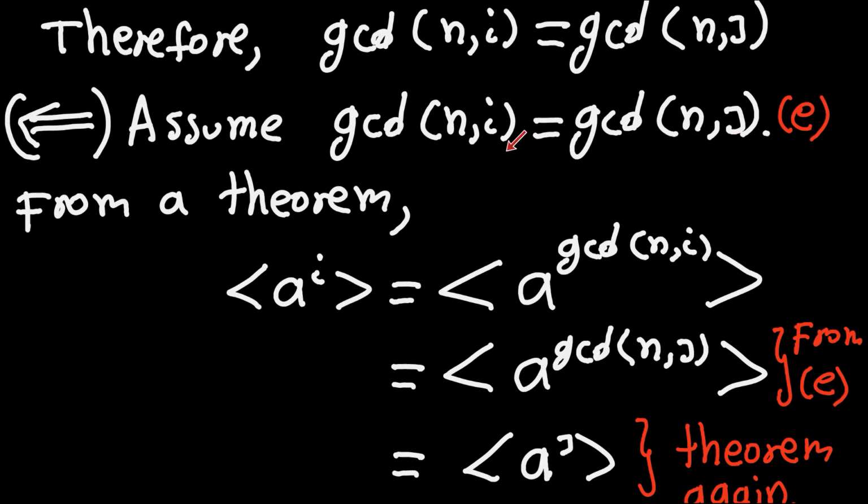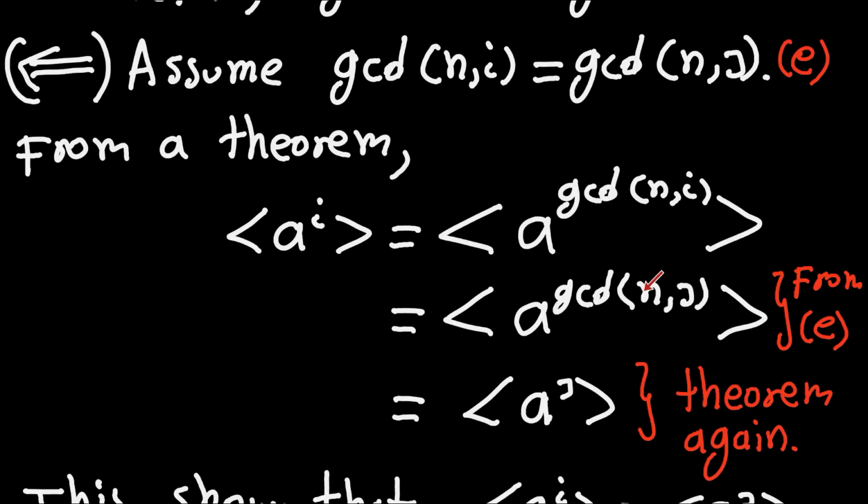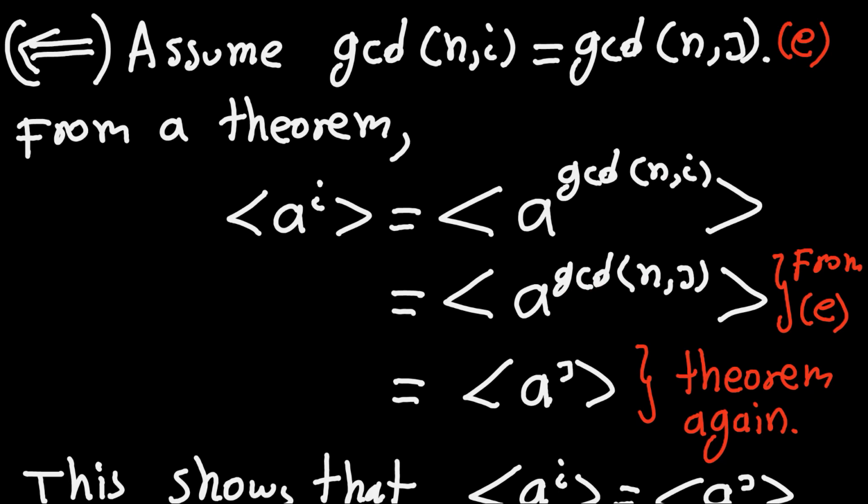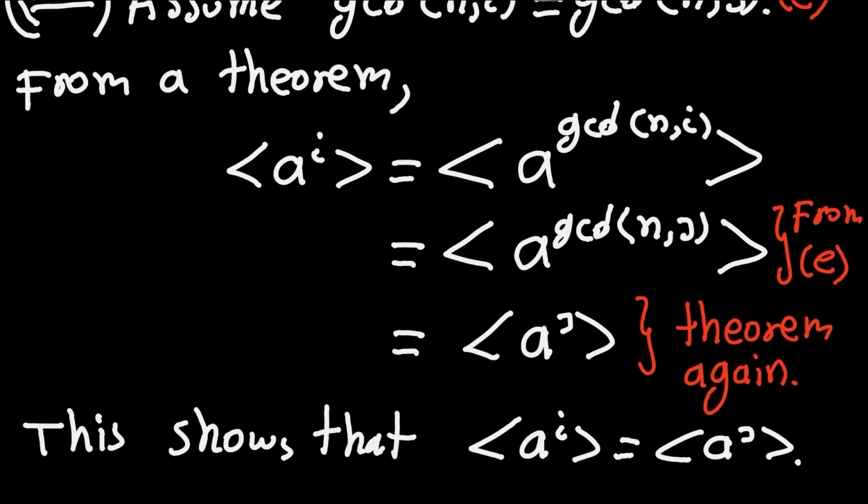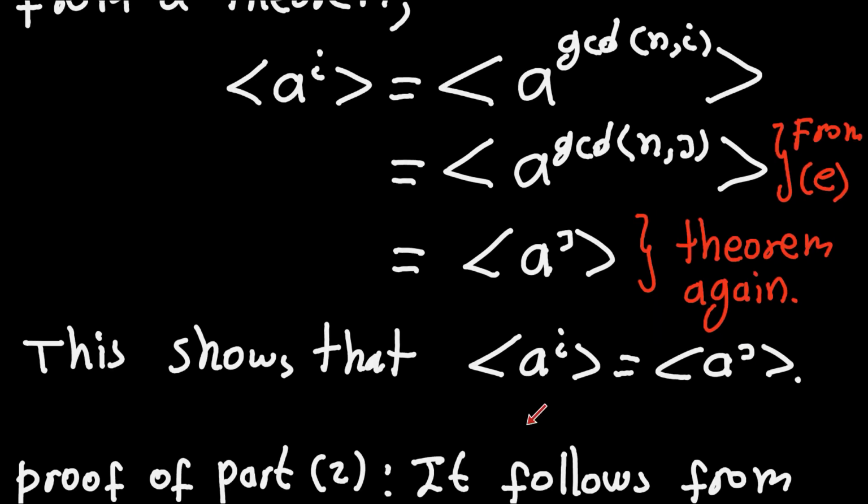That's what we are assuming here. That's E. So that's why we can make this step here. Applying the same theorem, this set is equal to this one. So this chain of equalities shows that these two are the same set. So that proves number 1.